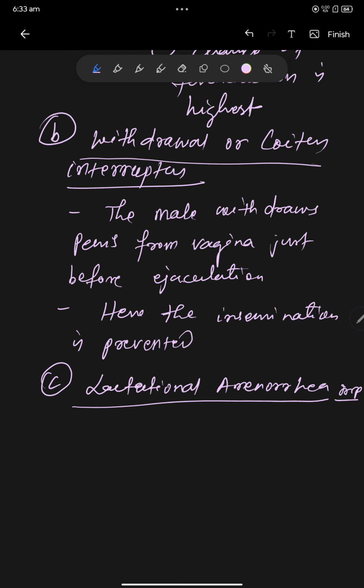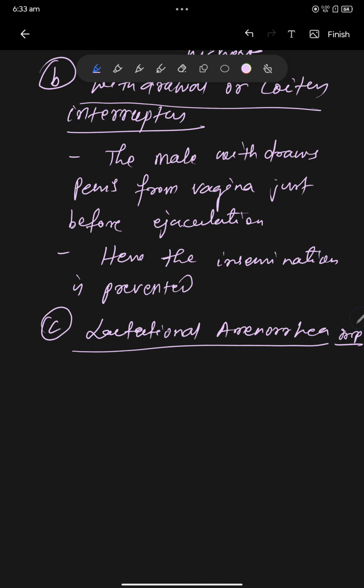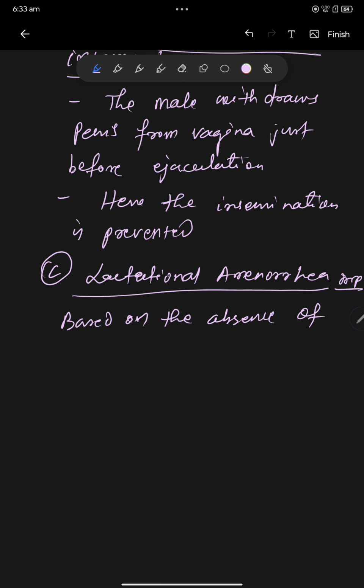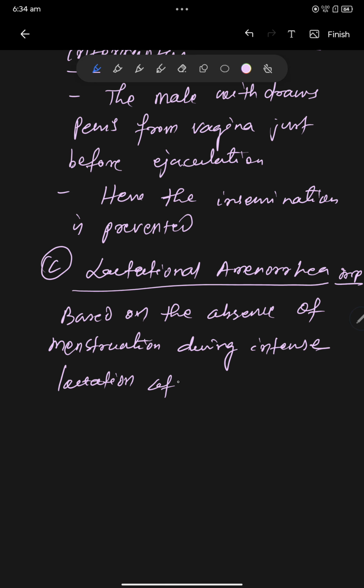It is based on the absence of menstruation during intense lactation after childbirth.